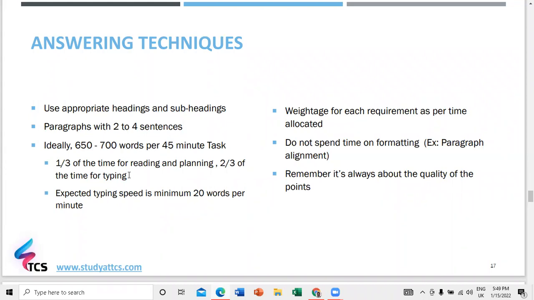So what I'm suggesting you to do is, you have 45 minutes. That's ample time. Okay. So 1/3 of your time, 15 minutes, should be allocated to read the requirement, understand the requirements, and plan your answer. When planning your answer, come up with answer plans.